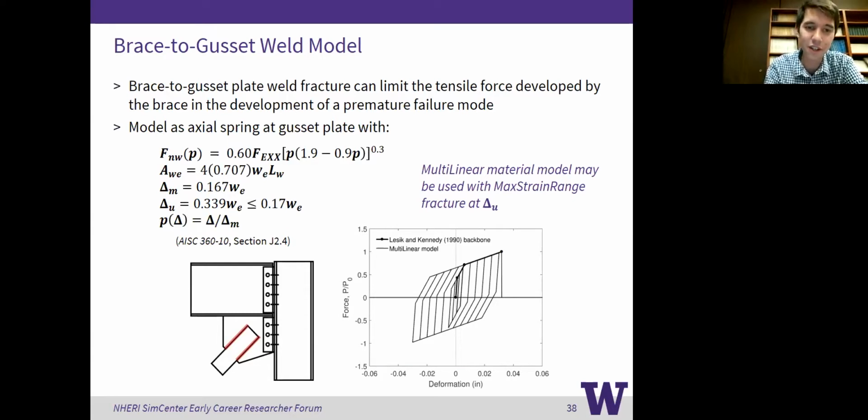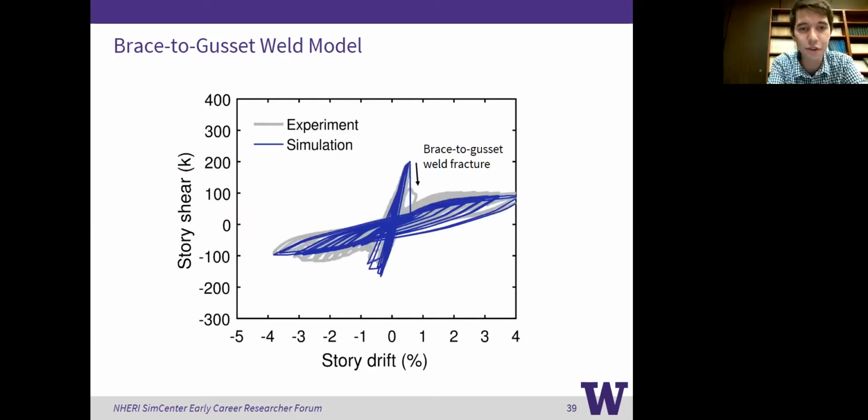From that, I can figure out the load deflection behavior, and I can model that with just a simple multilinear model, and then have a maximum strain range wrapper at the ultimate deformation of the weld. I can go through and actually simulate that behavior in one of the tests. So here in gray is an experimental result, and then in blue I have the simulated result.